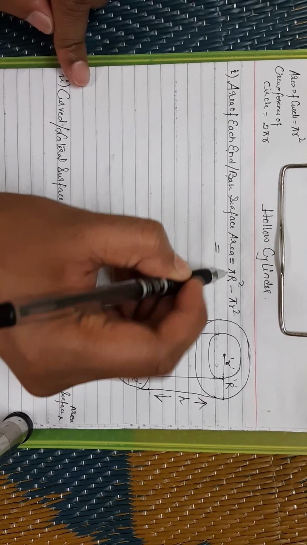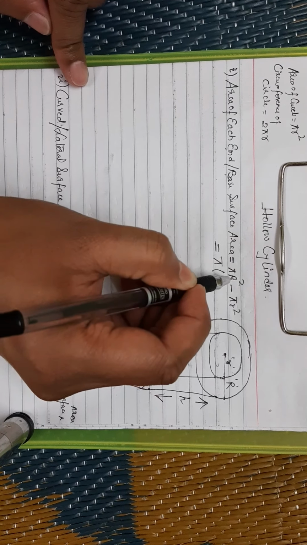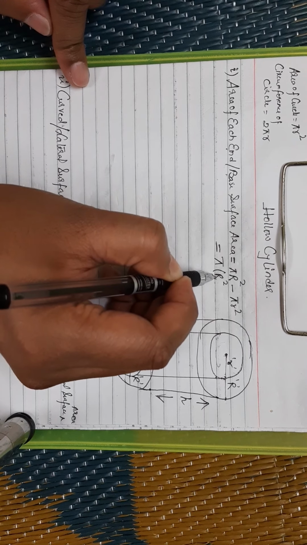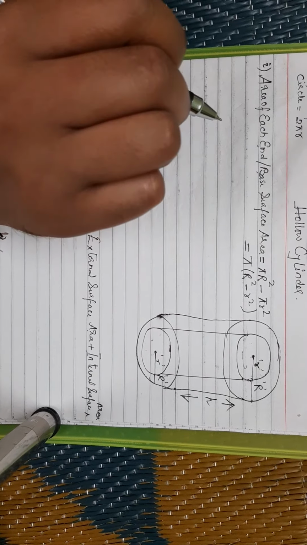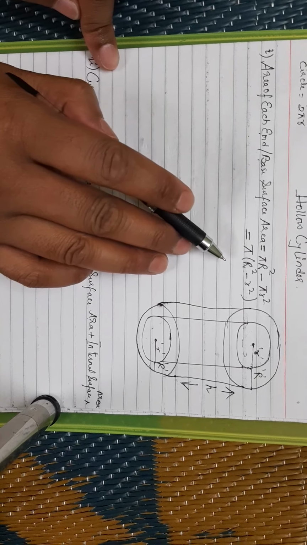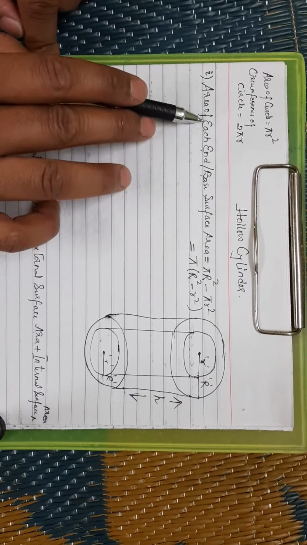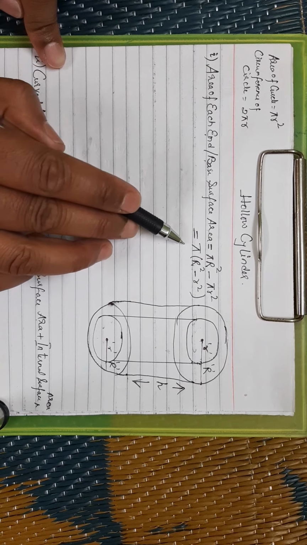Now pi is common, so I take pi common. What is left is the outer radius square, capital R square, minus the inner radius square. So this is the formula we use to find the area of each end, also known as the base surface area of the hollow cylinder.